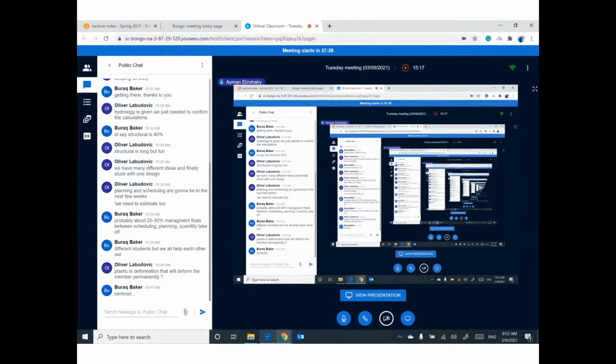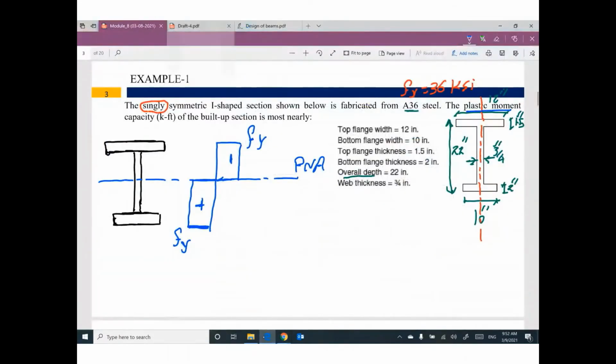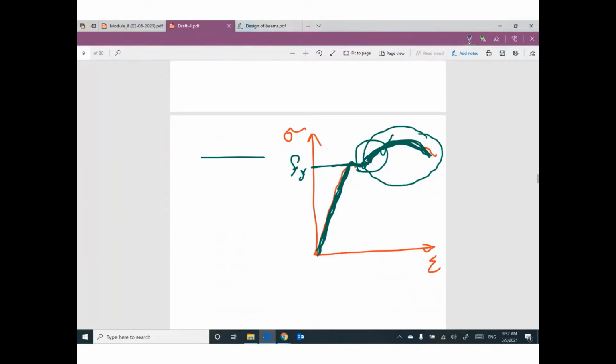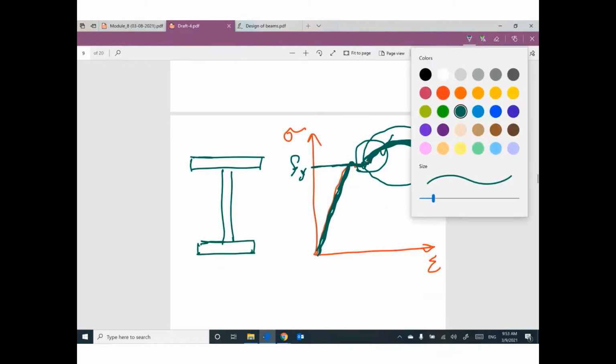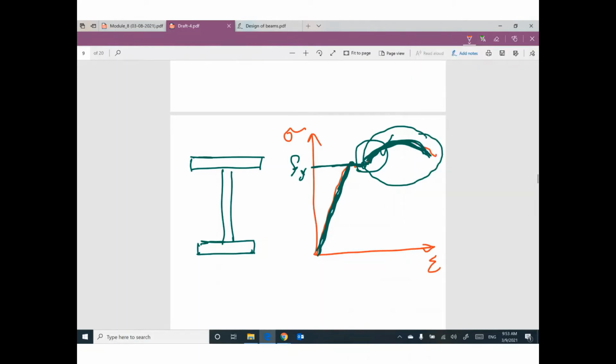Okay. Let me explain it one more time. If you have a cross section like this, not symmetric, from engineering mechanics we learned that we can assume a reference here, and this part has a centroid, this part has a centroid, this part has a centroid, and we can figure out the centroid of the whole cross section.